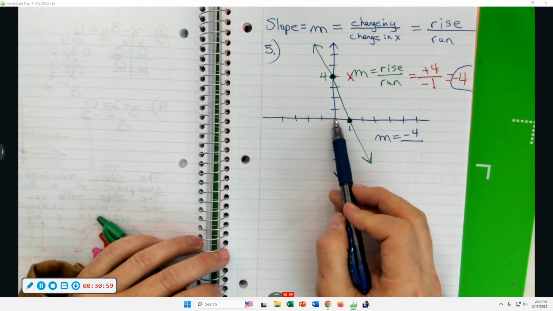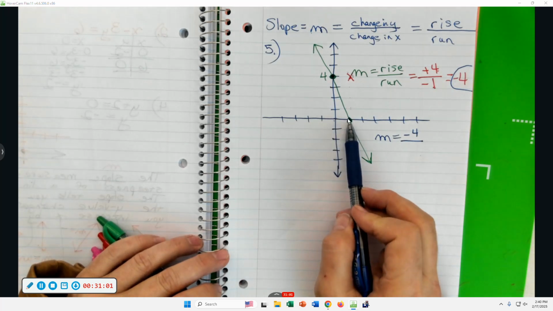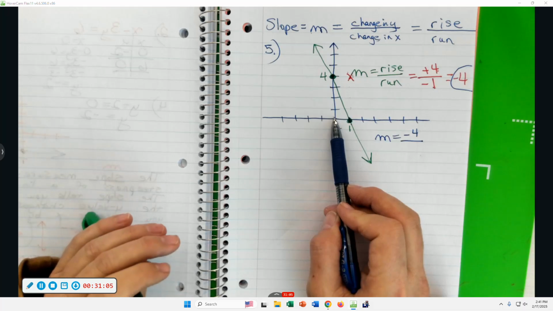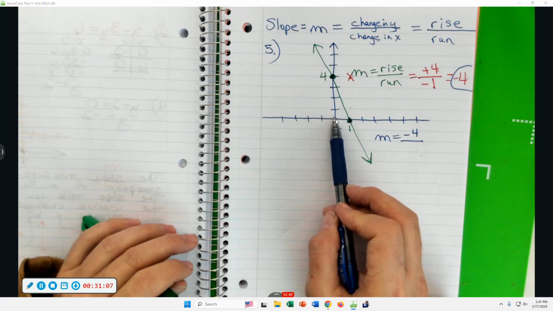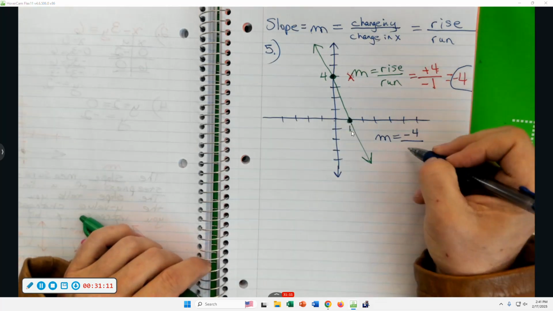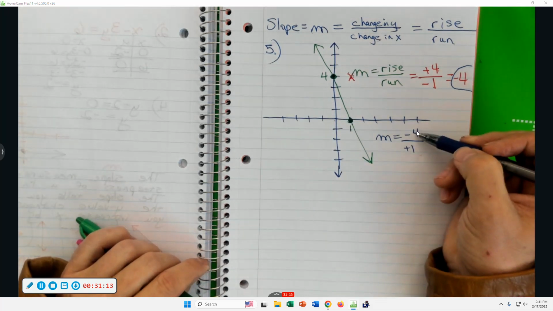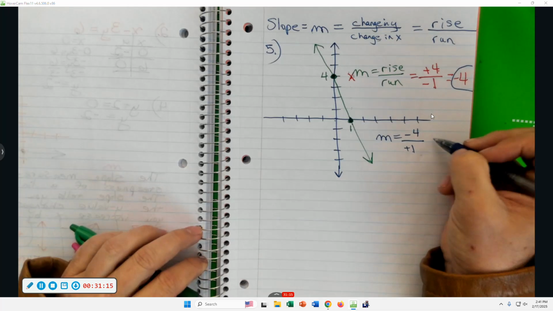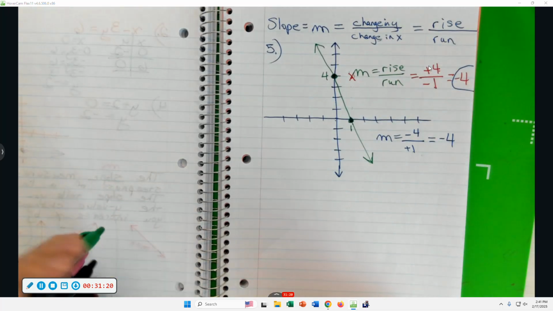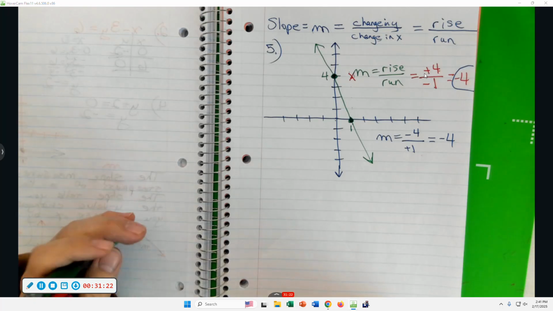We're positioned here at the origin. We need to move to that second point. Will we go in the positive direction or the negative direction? Positive direction, 1 unit. -4 divided by +1, we still get the same slope of -4. So it doesn't matter which point you start at.